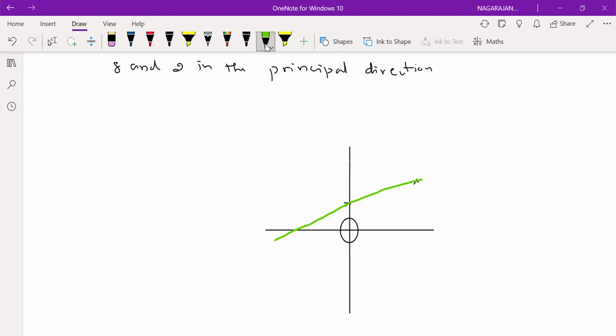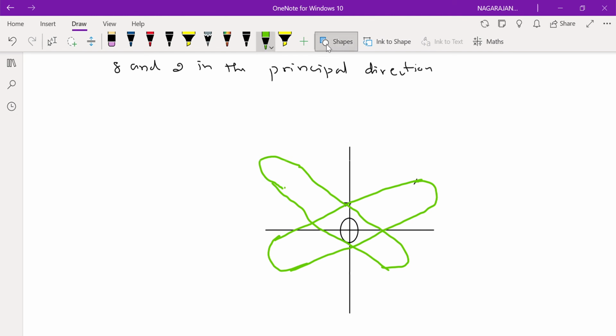The elastic membrane is stretched like this, with the principal directions.